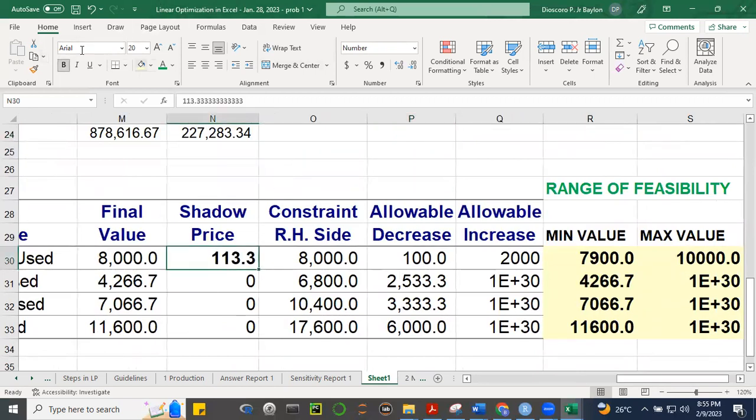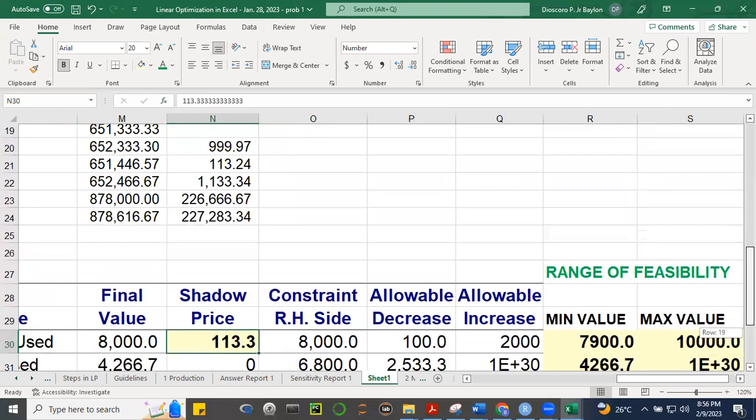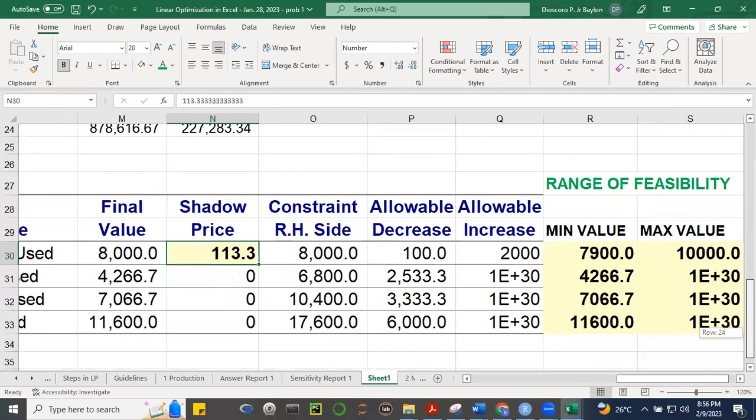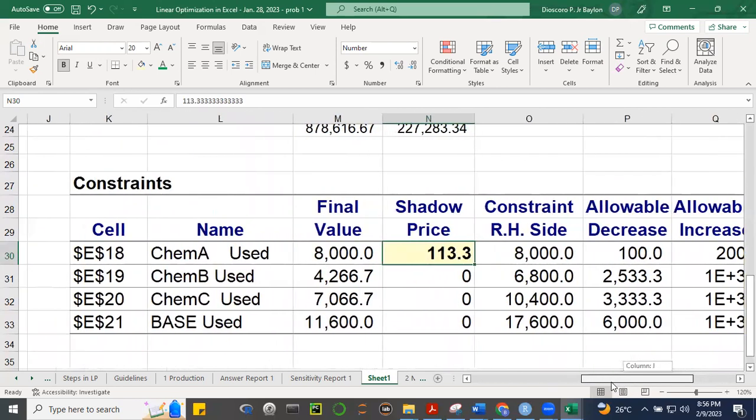Ano si shadow price? Okay? The shadow price is parang gradient siya, no? Parang slope siya. It's the change in your objective function. Ano yung objective function natin? Yung total CM, per 1 unit change in your right-hand side ng specific constraint. Alright.